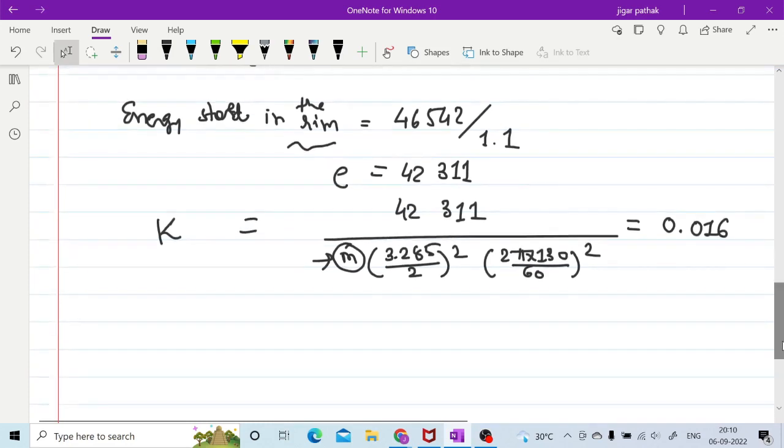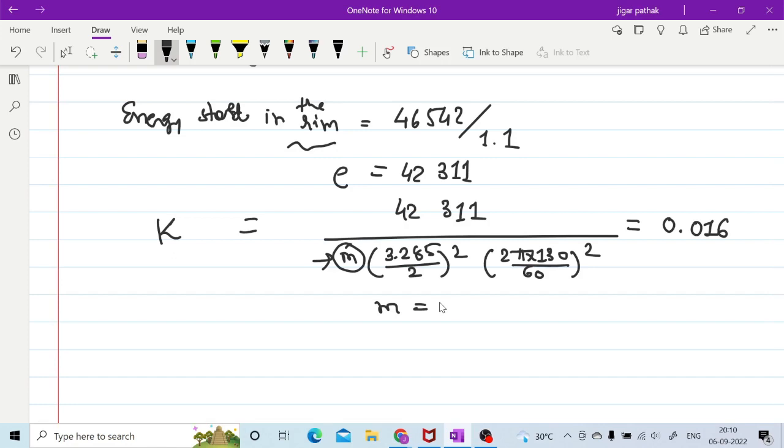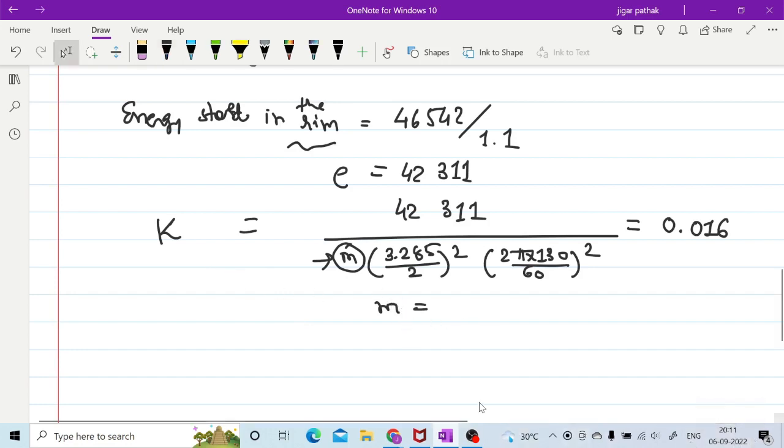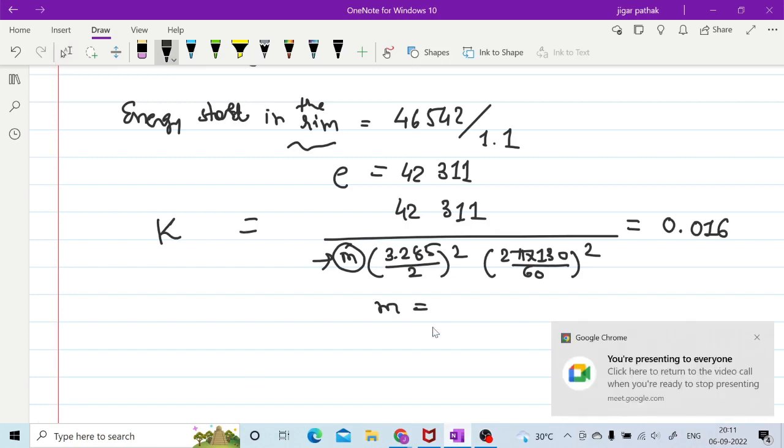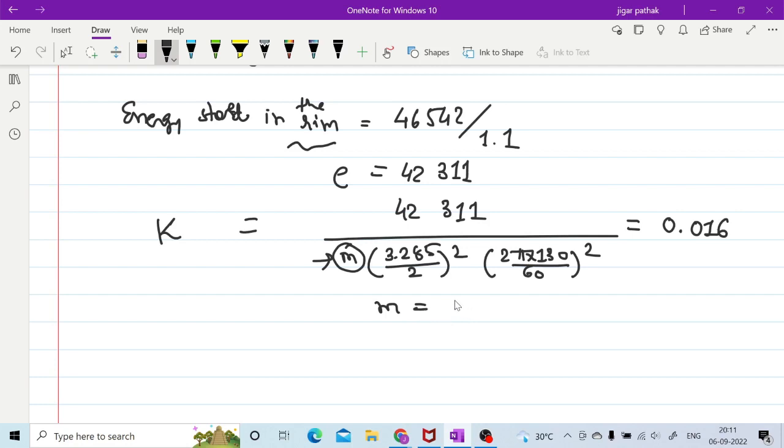Anyone got the answer? 1.89 into 10 to the power of... No, no, no. 5294.4.